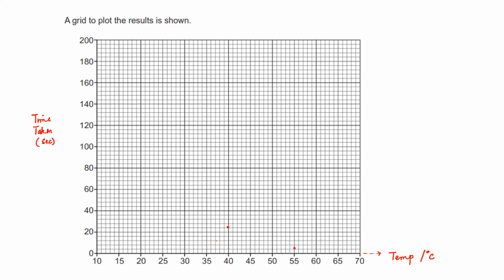Then at 32 degrees centigrade, the time taken is 48. So somewhere here.